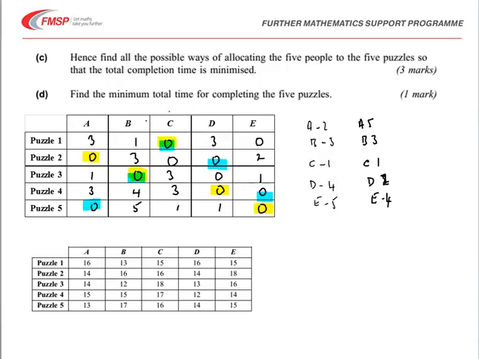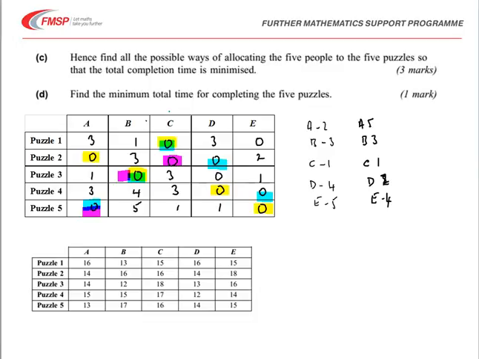The one further version that we could do is to change C from doing puzzle 1 to puzzle 2. So let's look at that one. Again we have A doing 5 here, C doing puzzle 2, and B still has to do 3.